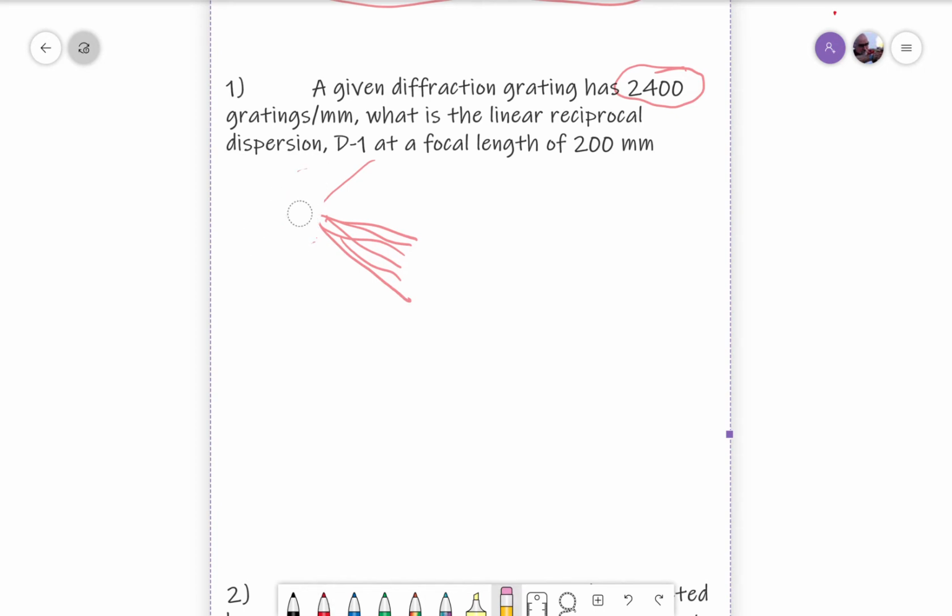So what we really need to know when we're solving for linear reciprocal dispersions is what is the size of the slit width d. We know that the linear reciprocal dispersion is going to be equal to d divided by nf, where d is the slit width and f is the focal length.